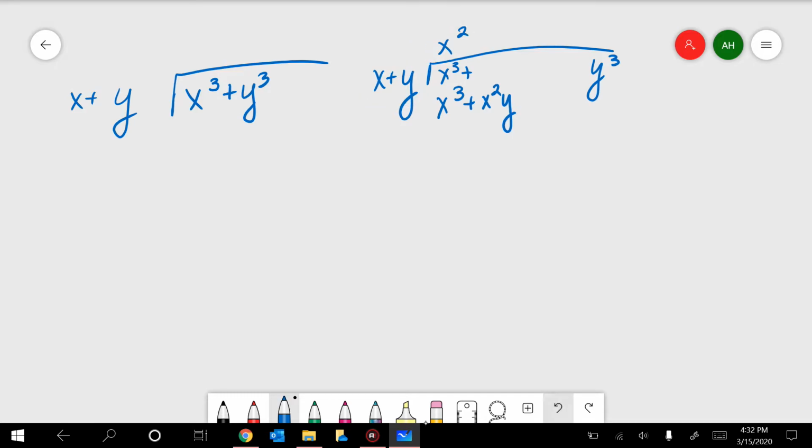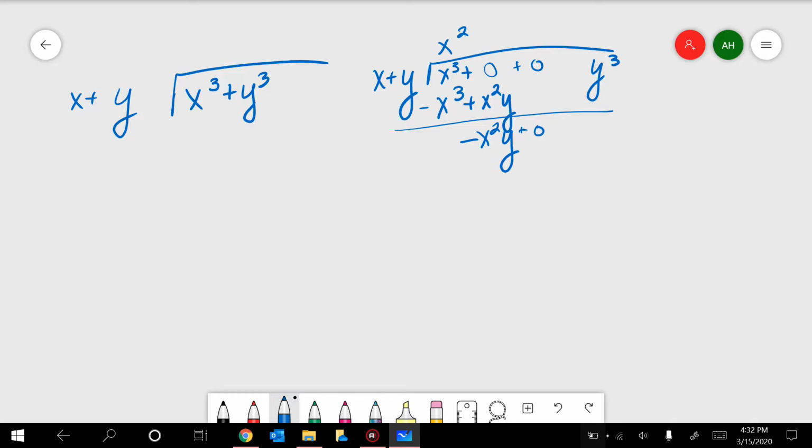So now we're going to subtract these. The x cubed minus the x cubed leaves me nothing. I have a 0 up here, just a placeholder. Minus, this down here is going to give me negative x squared y. And up here we're going to have basically another 0.